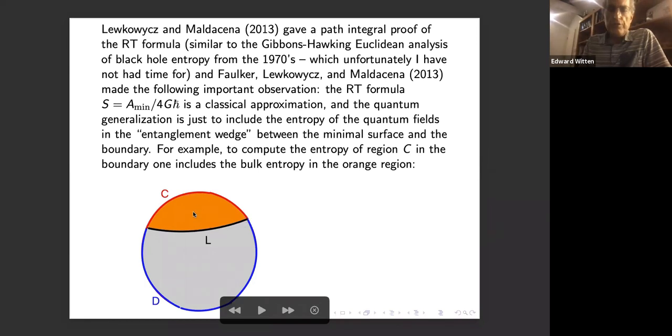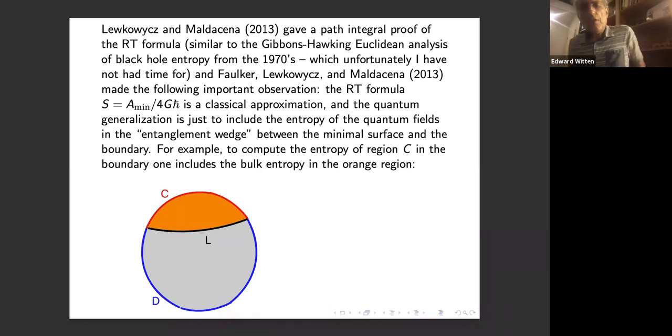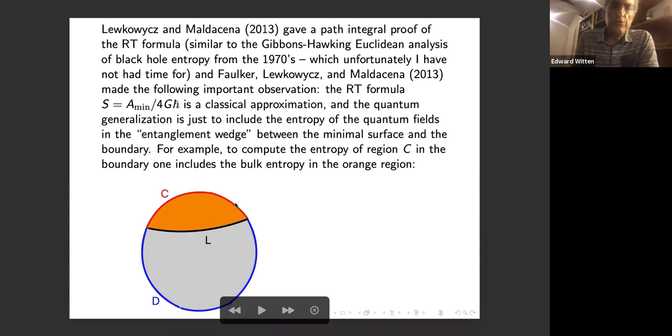And then the orange region is the region bounded by that geodesic and C. That's called the entanglement wedge. Well, it's really called a wedge because of the space-time picture. So if you extend this, what's really called the entanglement wedge is the domain of dependence of the orange region in space-time. But I think for what I'll tell you, we will just draw pictures at constant time. So I'll just draw this orange region.